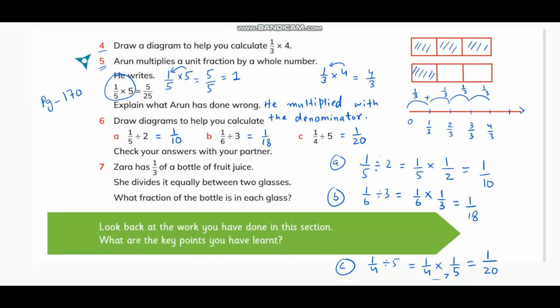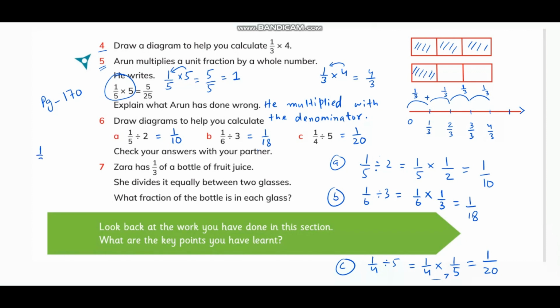Okay guys, let's move to the next question. You can see question number 7 here. In question number 7 it says Zara has 1 by 3 of a bottle of fruit juice. She divides it equally between 2 glasses. Now I'm going to write these words in numbers.